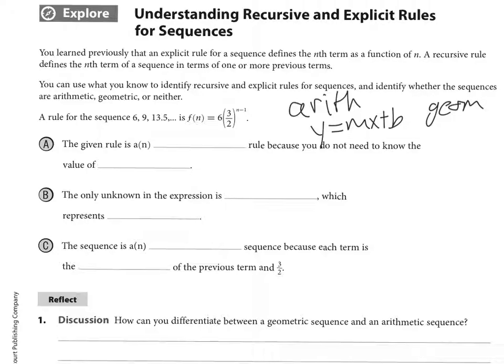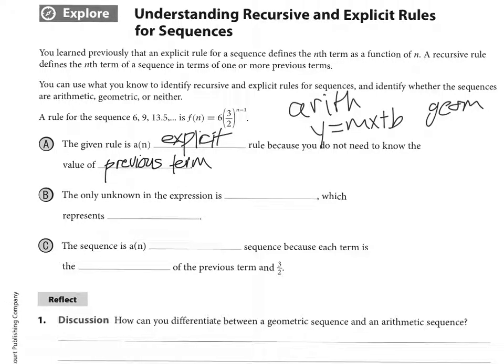Okay? So on this particular problem, it says the given rule is an explicit. This is an explicit rule because I can plug any value in for n and get the exact value I want, because I don't need to know the value of the previous term. This is not recursive. If it's recursive, I have to know what the previous term value was.